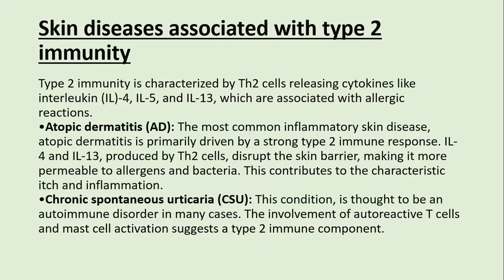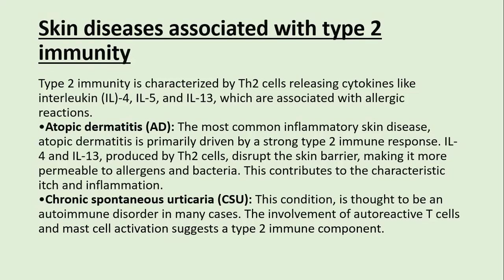Now I would like to touch on a few important conditions that are linked to type 2 immunity. Type 2 immunity is characterized by T helper 2 cells and mediated by cytokines like interleukin 4, 5, and 13, and is associated with allergic conditions.